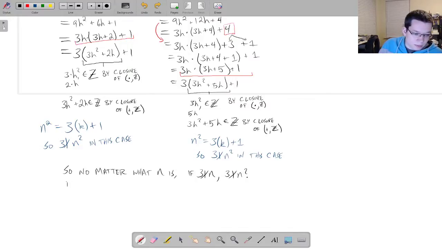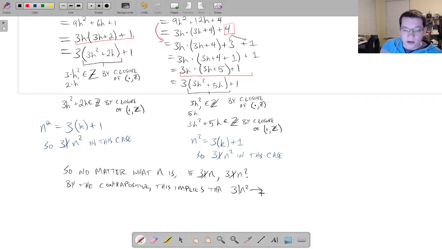By the contrapositive, this implies that 3 dividing n squared leads to 3 dividing n, which was to be shown.